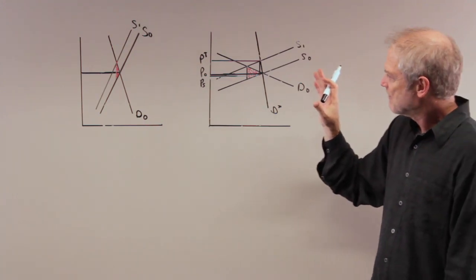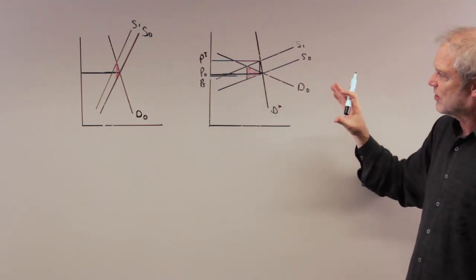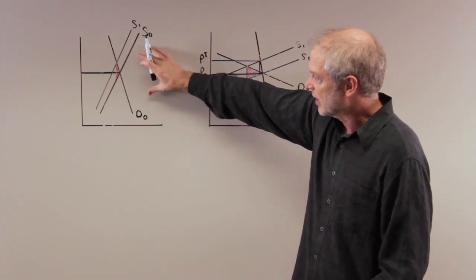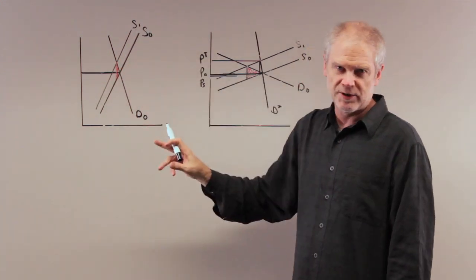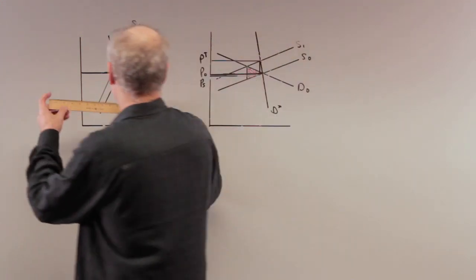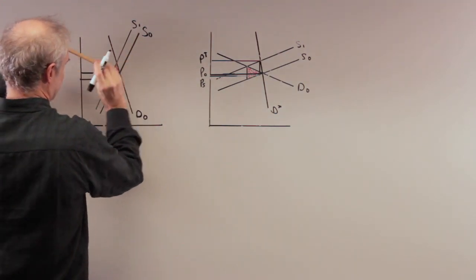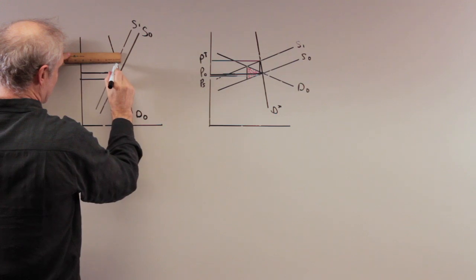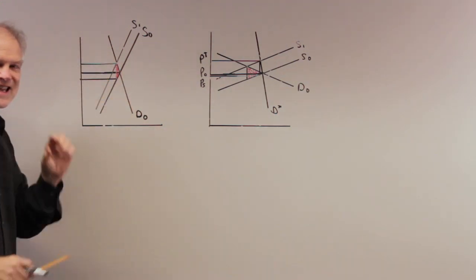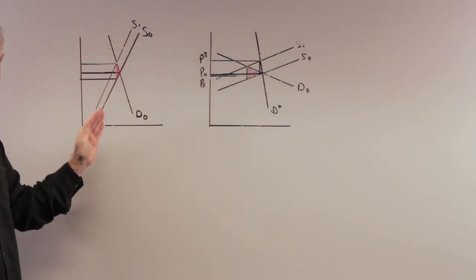Okay? So the diagrams are trying to show you that when there's an inelastic market on both sides, they're still both going to split the burden. I'll show you that, right? Here, in essence, suppliers pay this amount of the tax and consumers pay this much. This is because they're both inelastic demand and inelastic supply.